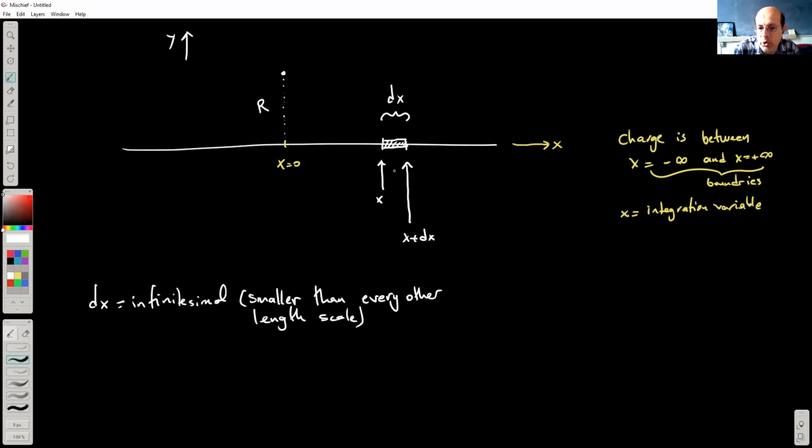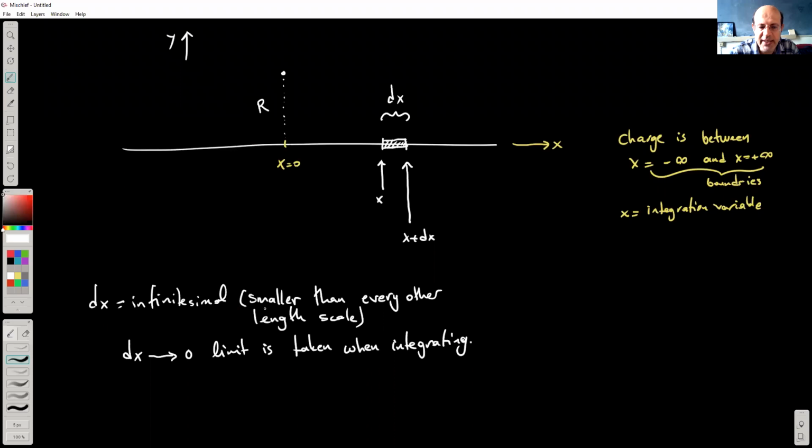So it is smaller than x, for example. In any case, at the end, I know that at some point, I'm going to take the limit where this dx goes to 0. Let's say it like this, limit is taken when integrating.